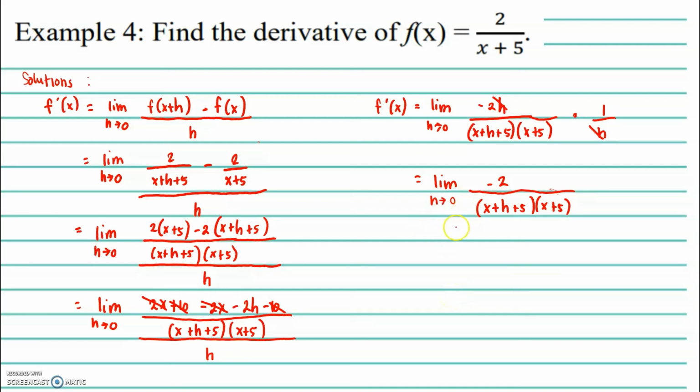Okay, now we can already solve for the limit using the substitution method. So we have negative 2 over x plus 0 plus 5 times x plus 5. That is equal to negative 2 over x plus 5 times x plus 5.